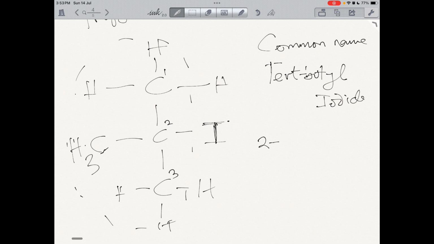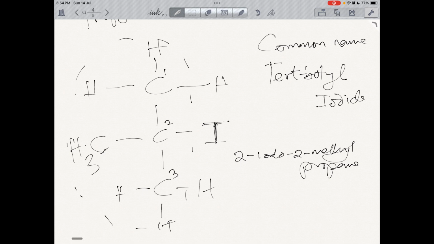So let's go: two-iodo, two-methyl, propane. Two-iodo, two-methyl propane. Okay, that's good. So that's that about the nomenclature.